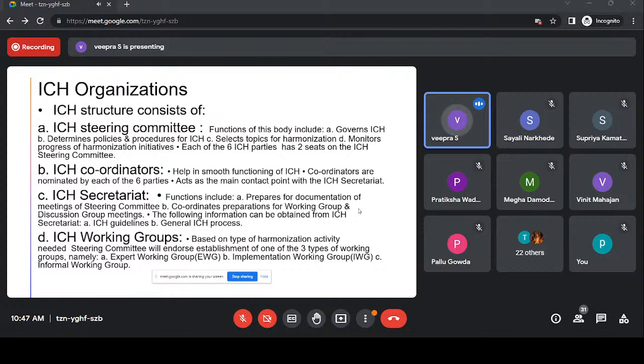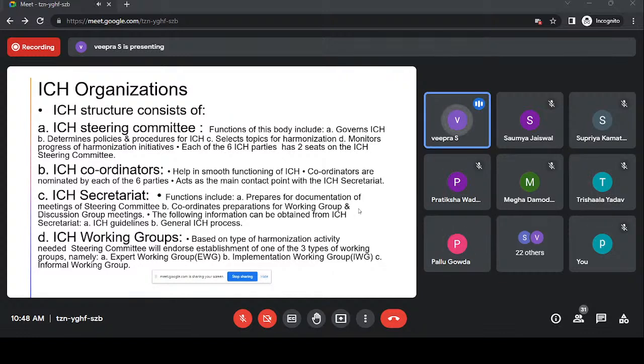So what is the aim of the ICH? Aim of ICH? Safe, quality, efficacy medicines are developed. So who are the founder members? European Union, Japan, and USA.